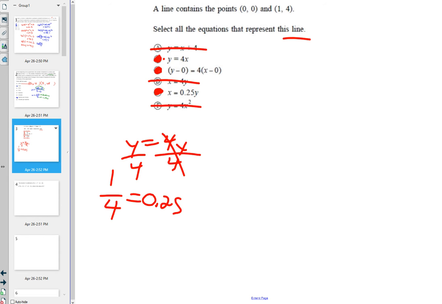Yeah, there's no F. It's just B, C, and E. Those points actually do work, but since F is not a line, it doesn't count. You understand that? This is a parabola because it's quadratic, and they use the word line.